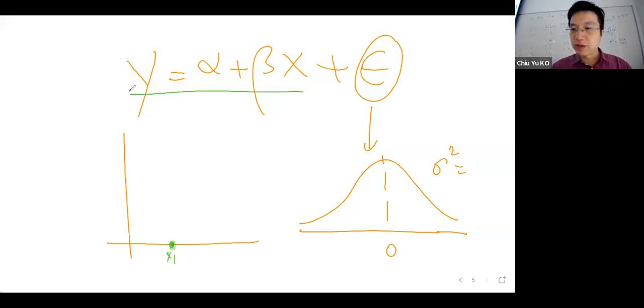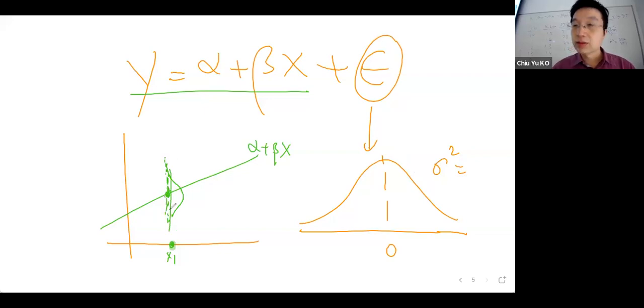And according to this model, I will have alpha plus beta X here. And I have some normal here, so the data can be somewhere there, and many data here. And it turns out depending on the scenario, things we realize.